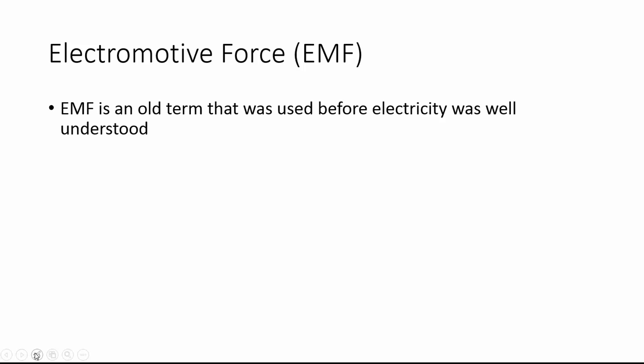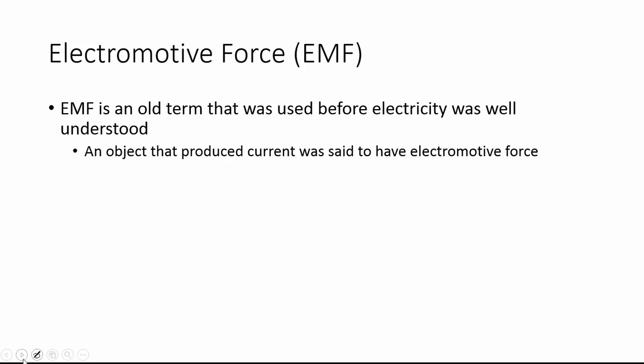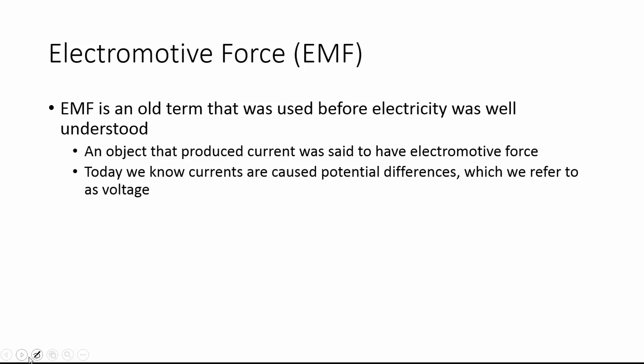Now, we actually use the term electromotive force to describe this. Electromotive force is an old term that was used before people understood what was happening with electricity. Electromotive force was what an object had if it could create a current. Now we know currents flow because there is an electric potential difference between 2 points. We measure that potential difference in volts, so we refer to potential difference as voltage.